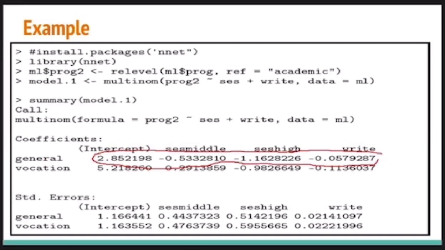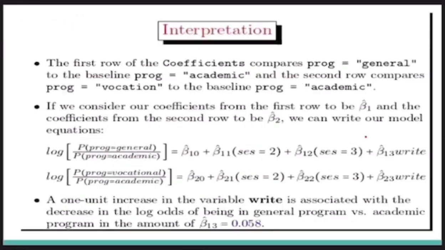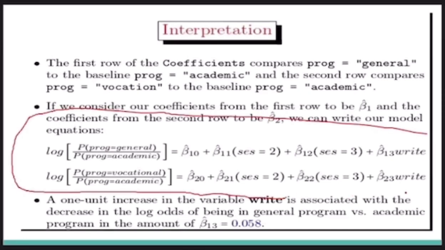Now, I'm going to show you the way the model works. Generally speaking, we're going to have two models. Why do we have two models? General against academic, vocation against academic. You can see in the two models, what are we doing? We're comparing the other two levels with the one that was referenced.